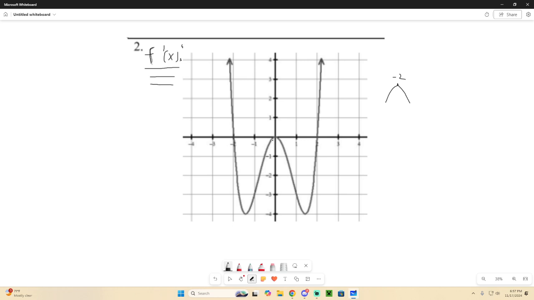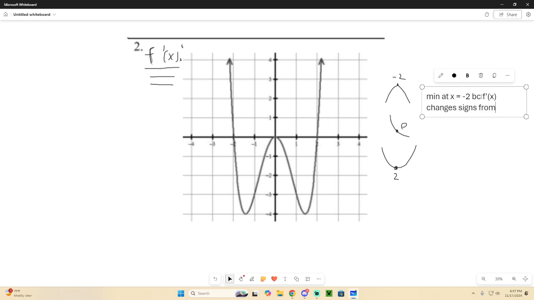It goes from negative to negative, so it's going to go from decreasing to decreasing more. So that's 0. At 2 is another critical point because the derivative equals 0. It's going to go from negative to positive, so it's going to go from decreasing to increasing. So right here is going to be 2. So as we can see, x equals -2 is a local maximum, so we can say max at x equals -2, and then for our justification, because f prime of x changes signs from positive to negative.